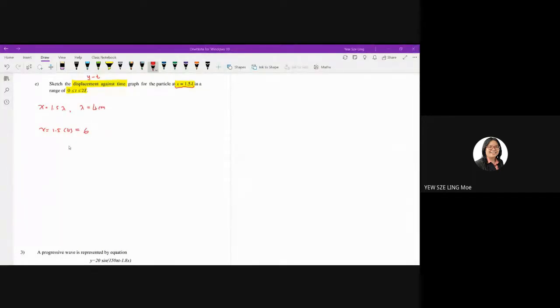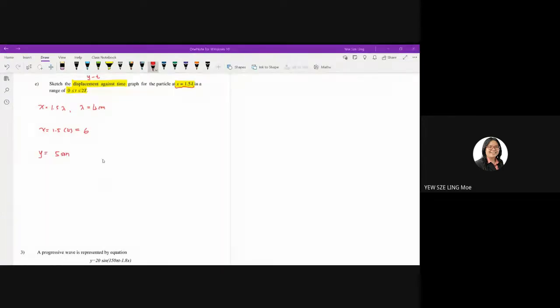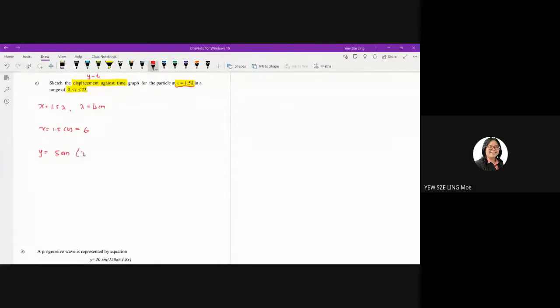So now let us simplify the equation. y is equal to 5 sine (2 pi t minus pi over 2 x). So this is the original equation, the equation given in the main question.